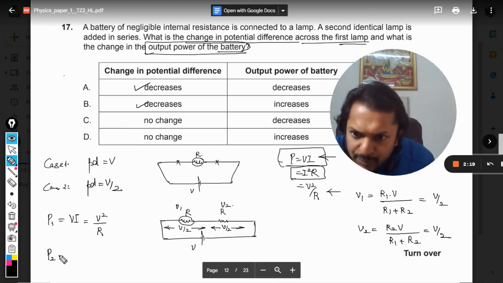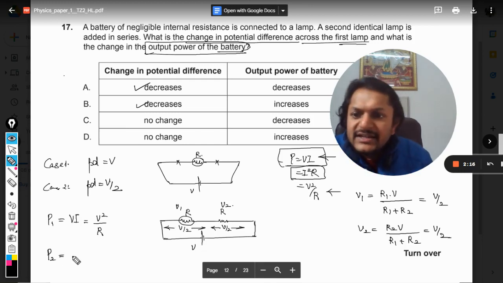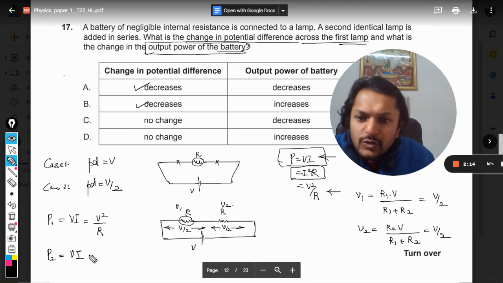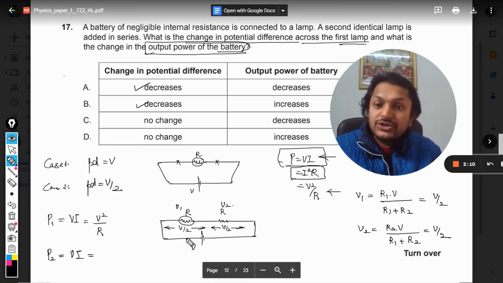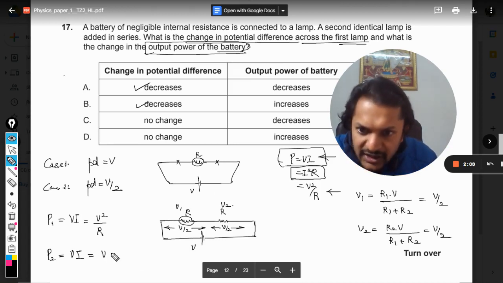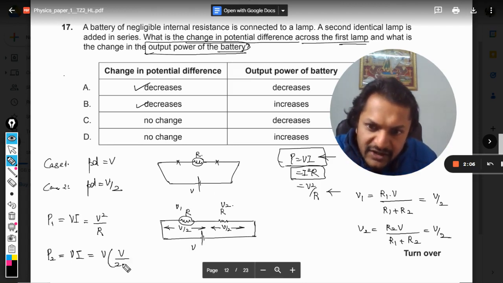Now we go to P2. Here we are again using V into I, so the EMF does not change, but the current will change because there are two resistances now. So what is the current now? The current will be V divided by R equivalent, which is 2R. So the power becomes V square by 2R.